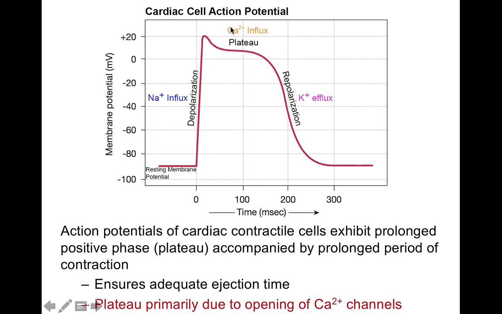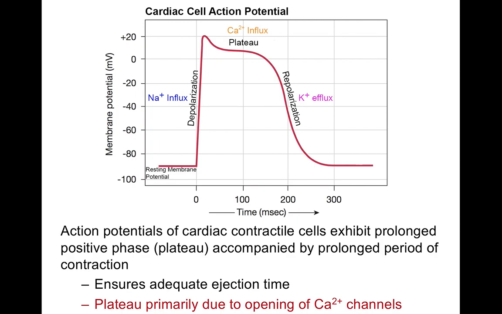So calcium channels open, calcium, which is a positive ion, moves into the cell, which means the inside of the cell remains positive. So the action potentials of cardiac contractile cells exhibit a prolonged positive phase called a plateau phase.